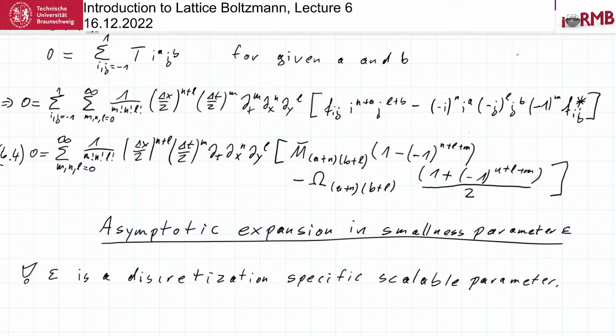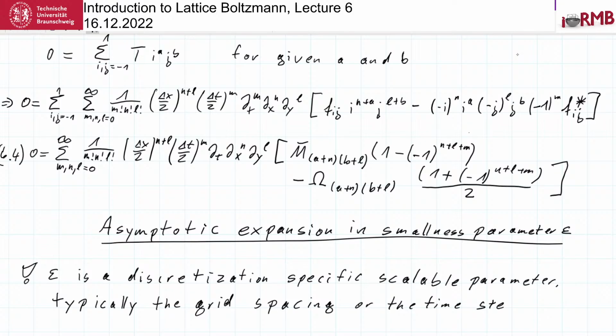The thing that you could typically change in your numerical method would be the time step or the grid spacing. These are the first things that come to mind, of course, depending on what your numerical problem is based on. It could also be something else, but it must be something that you can choose in your method, not something that is fixed.